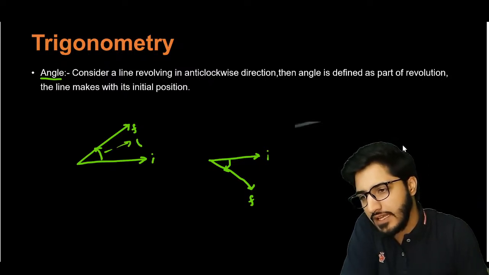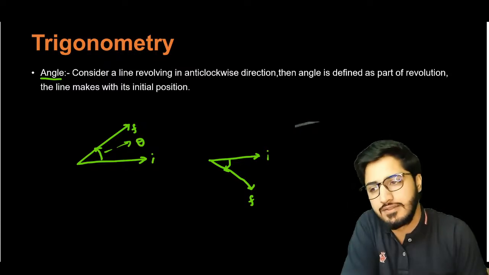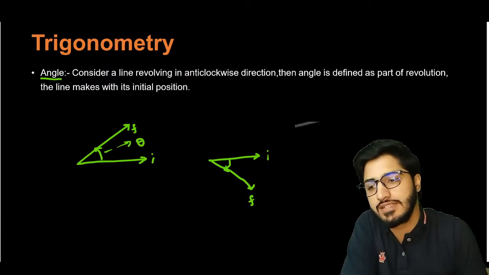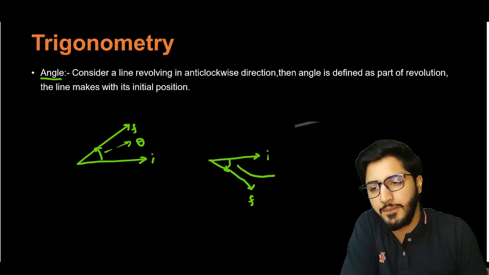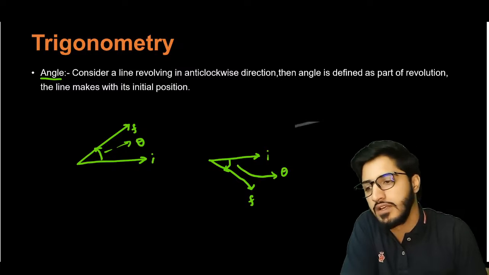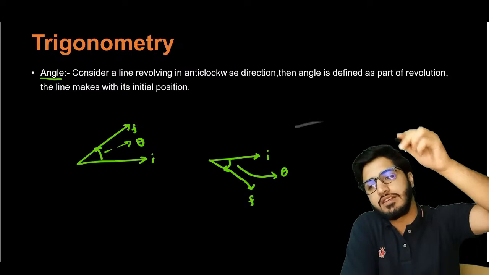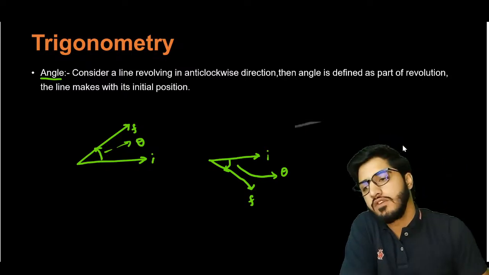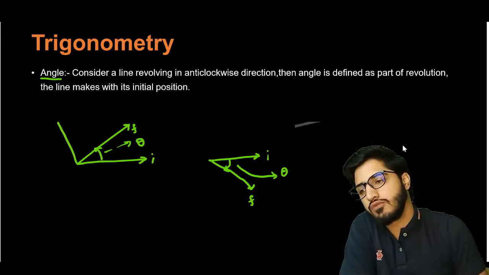This one is known as angle, represented by theta. Okay, the notation of the angle is theta. Here also we are having theta. If we rotate this line, after some time this line would be here, after some time it would be here, and after some time it will coincide with the initial line.